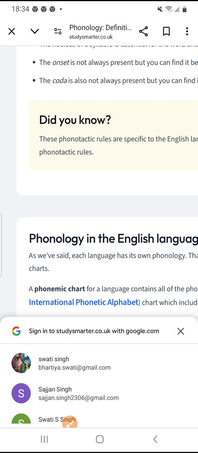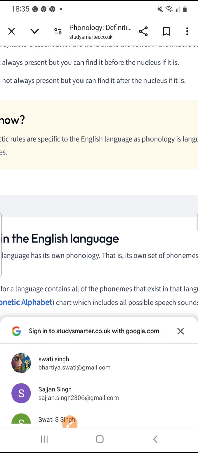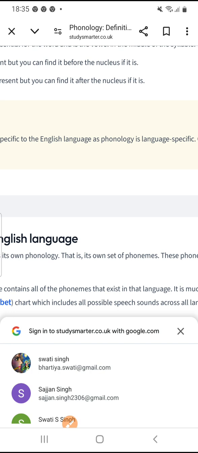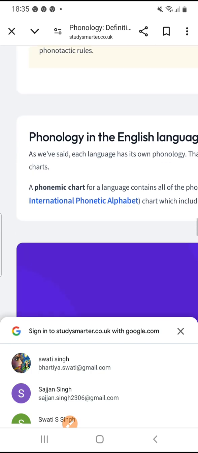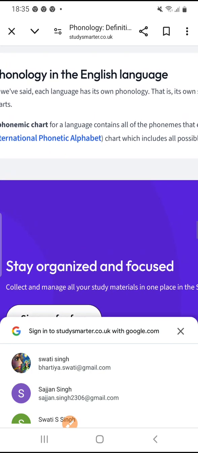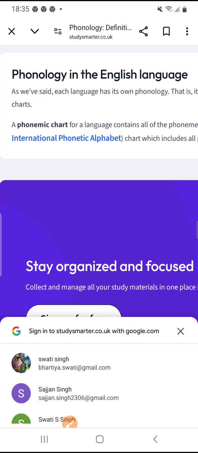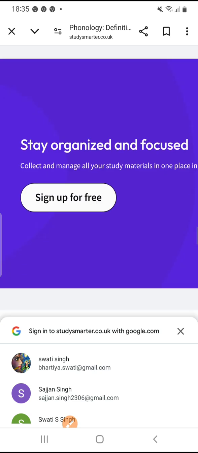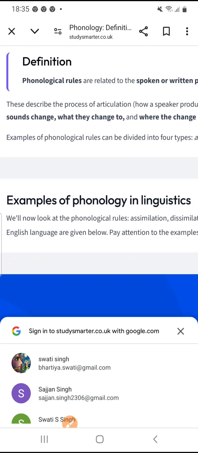Now the coda is also not always present, but you can find it after the nucleus if it is. Now phonology in the English language is what we are going to discuss.